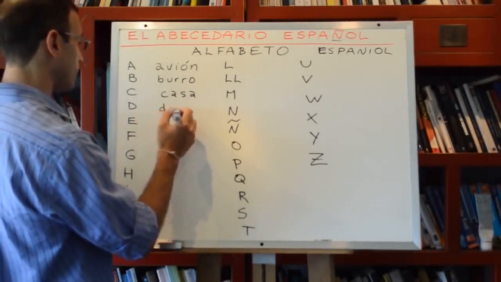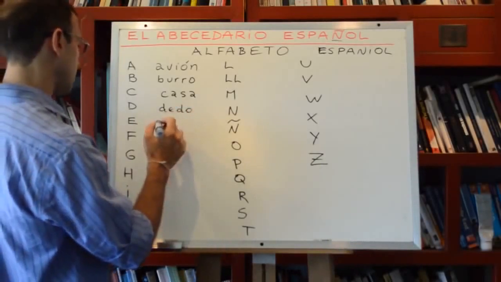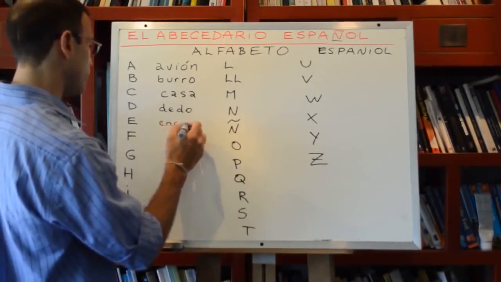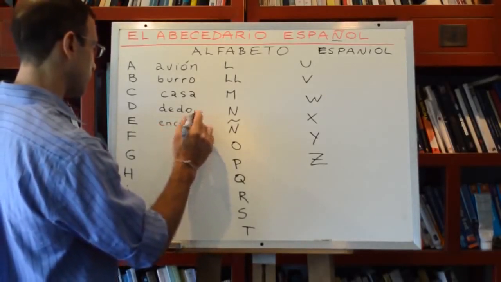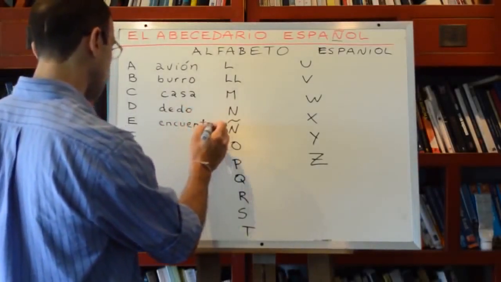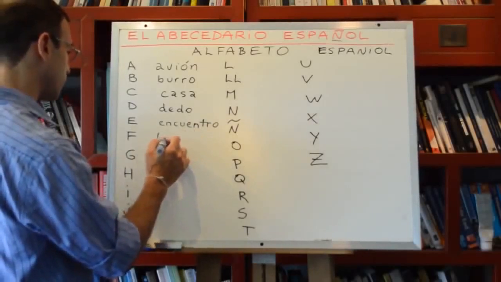Dedo, for finger. Encuentro, for meeting or gathering. Fábrica, for factory.